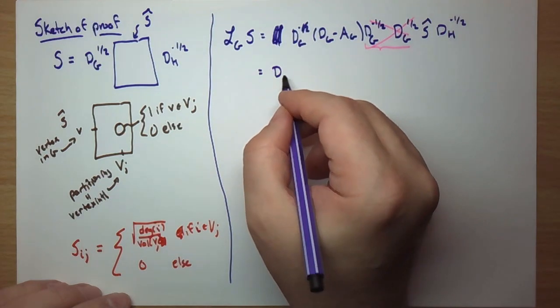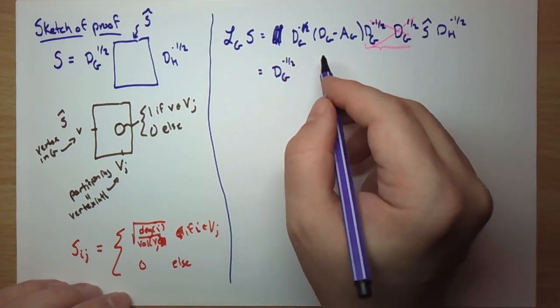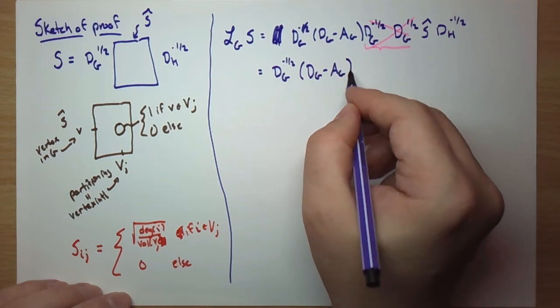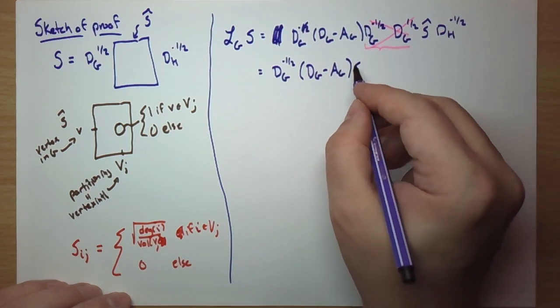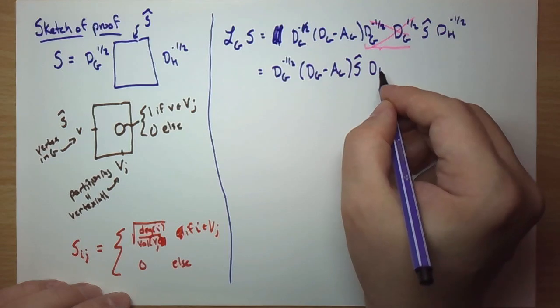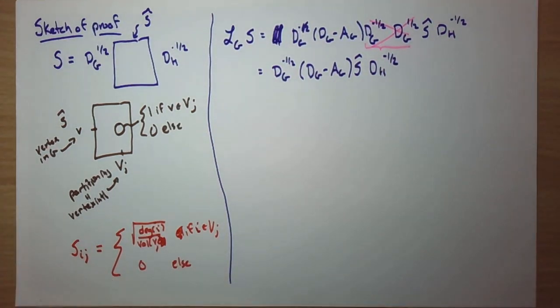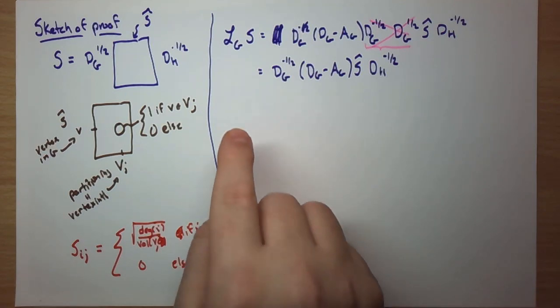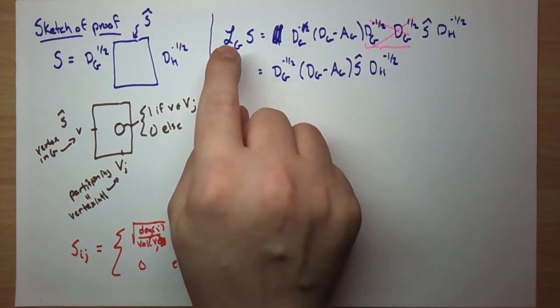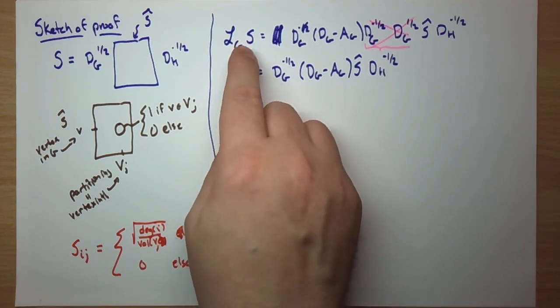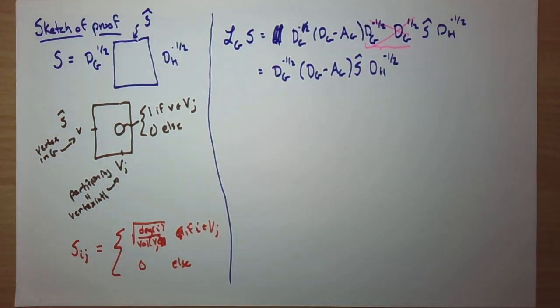This becomes D_G to the minus 1/2 times (D_G minus A_G) times our S hat times D_H to the minus 1/2. So our next goal is we want to understand what's going on. So I'm going to look at the entries here.